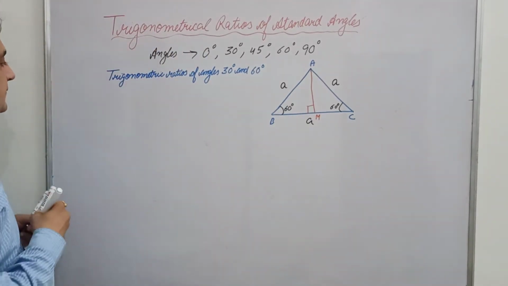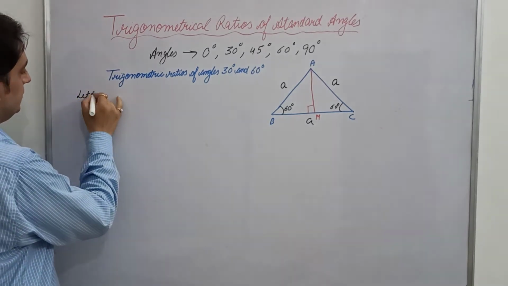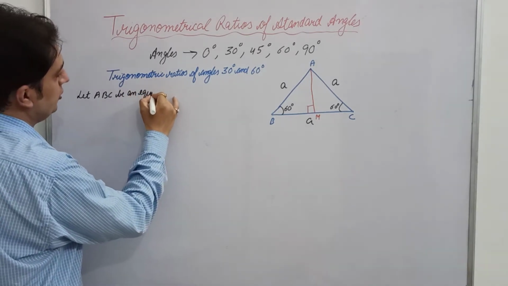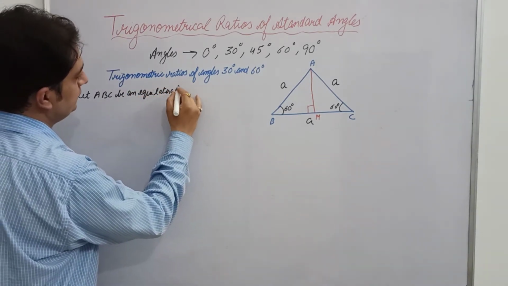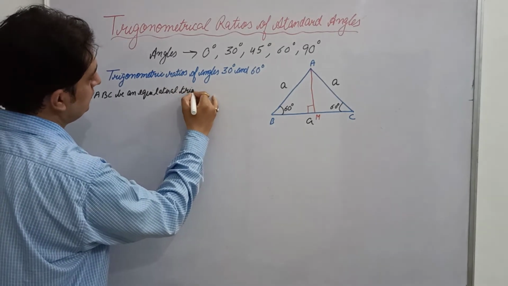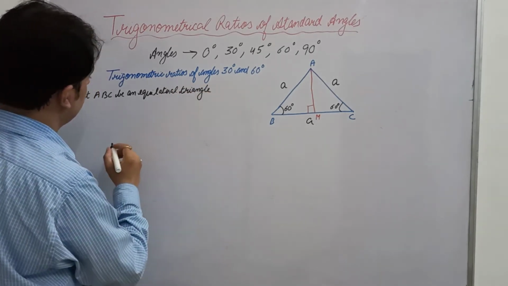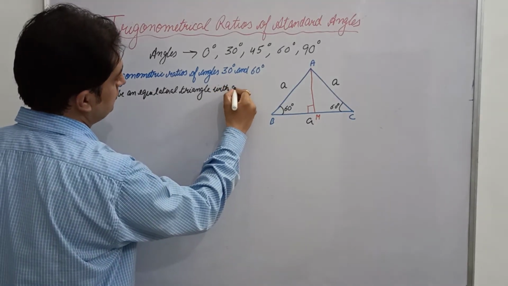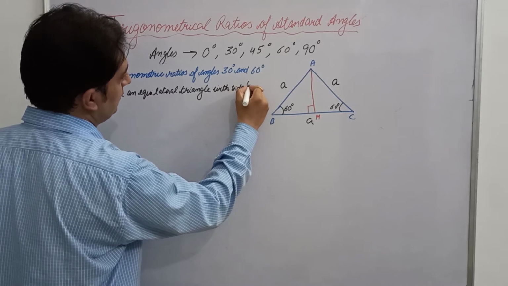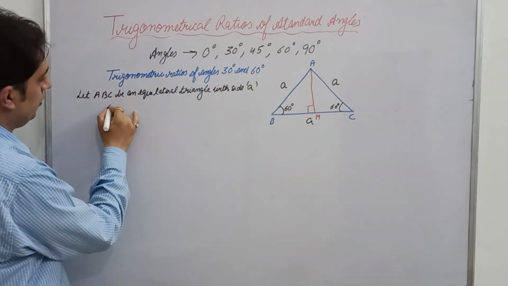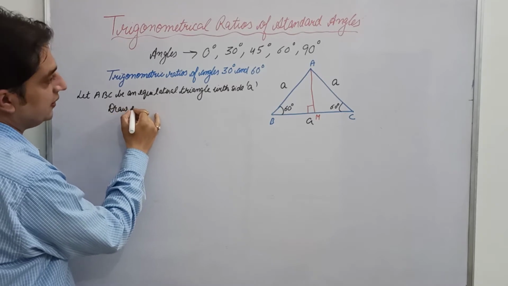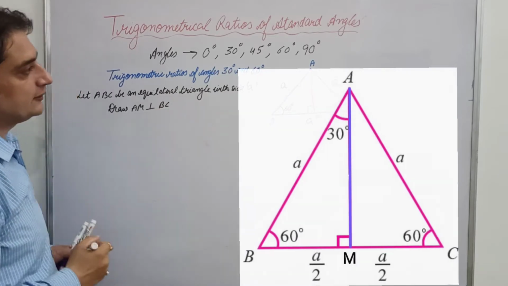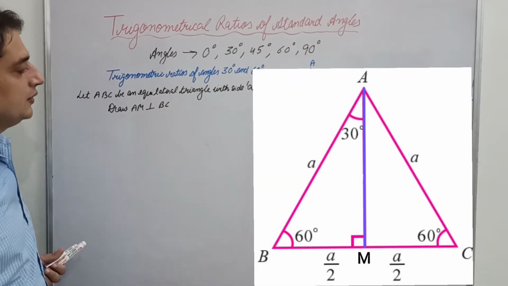So you can write this: let ABC be an equilateral triangle with side A, and draw AM perpendicular to BC, the opposite side of vertex A.